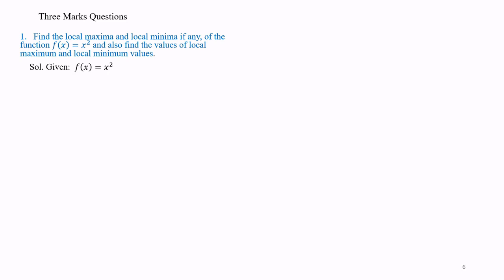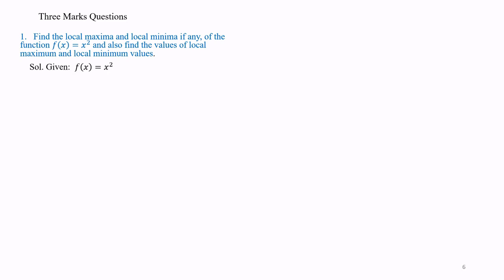The first step is to note down the given function. The next step is to find the first derivative, and the third step is to equate the first derivative to 0, that is f dash equals 0, to locate or find the turning points.